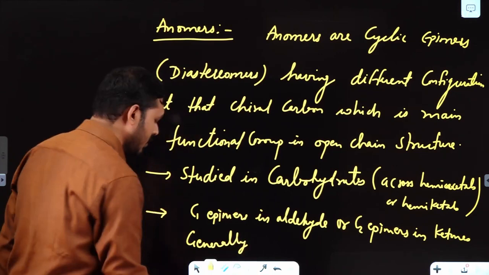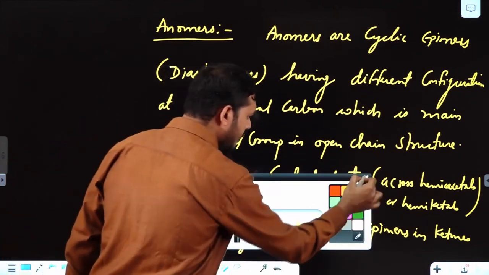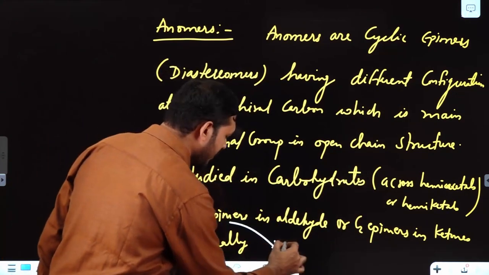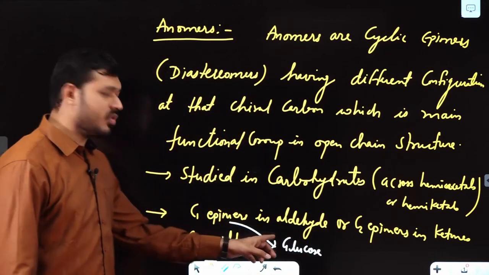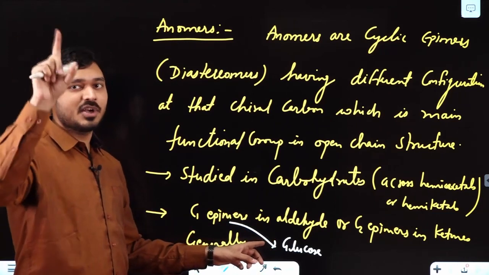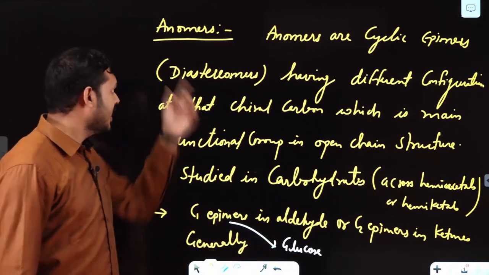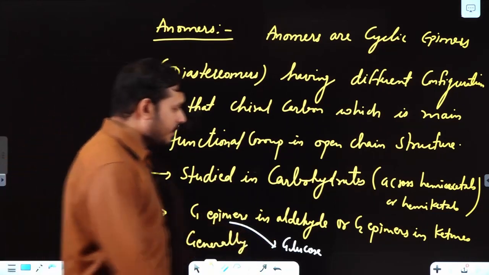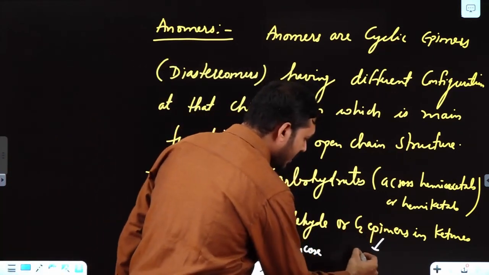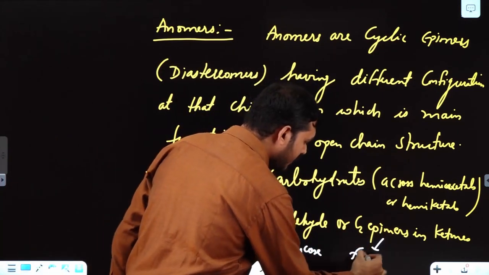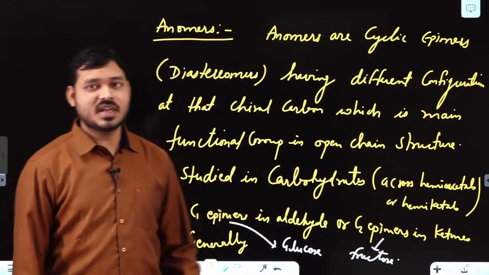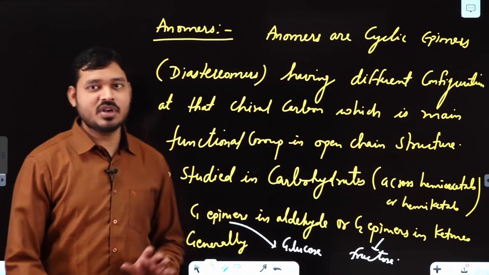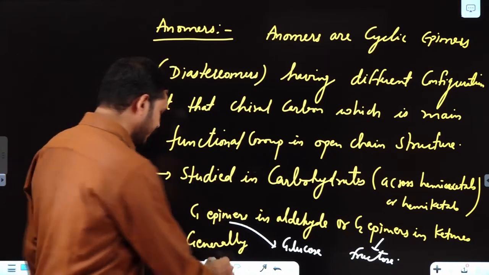Generally, for example, C1 epimer for glucose. As we know, glucose is having the first aldehyde part at the top, first carbon. So across C1 it is an anomer or epimer. Now if I say C2 epimer, it is actually about fructose. Okay, so I think everyone must have understood in detail about anomers. So let's continue.